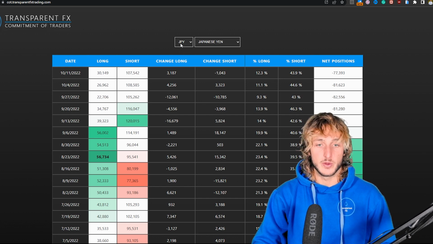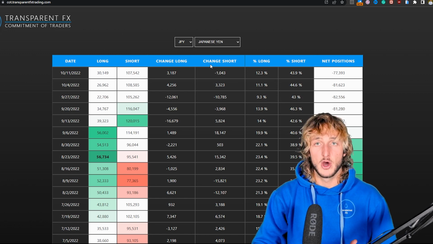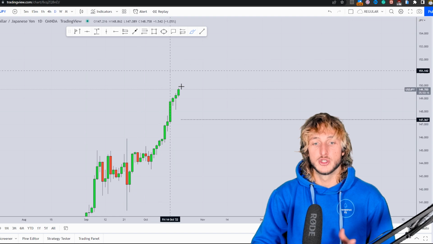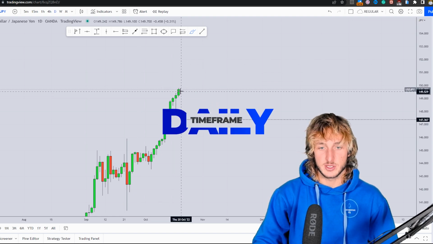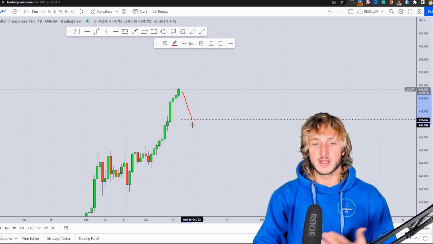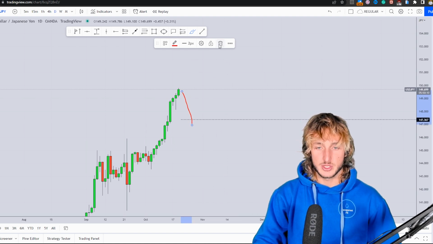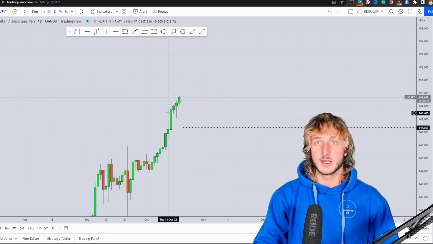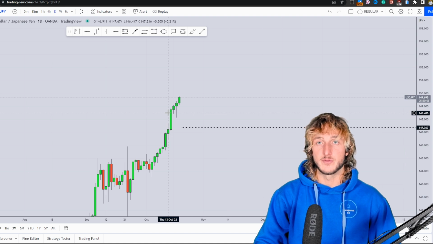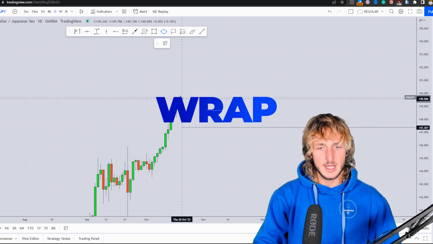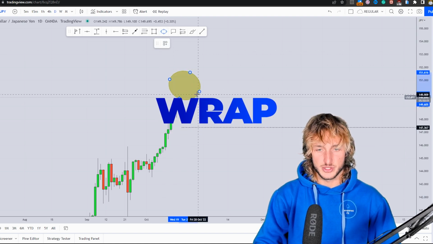So if we're reading JPY USD and we see longs added and shorts closed, on USDJPY we would see shorts opened and longs closed. From an institutional perspective, favoring shorts, which is exactly what we were already expecting by looking at the technical side of this market. So that is how we could be approaching this potential rejection to the downside.